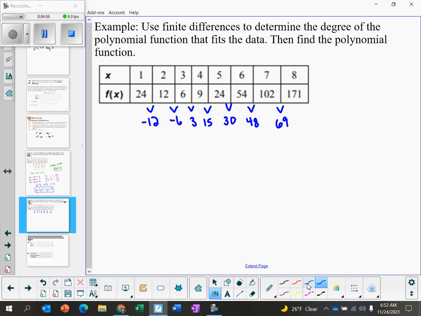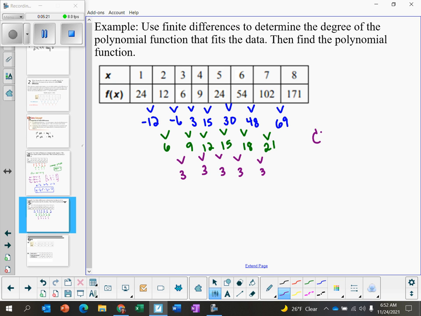So those first differences are not the same. Then to get from negative 12 to negative 6, we went up by 6, then we went up by 9, then 12, then 15, then 18, then 21. And now going to our third differences, went up by 3, up by 3, up by 3, 3, and 3.